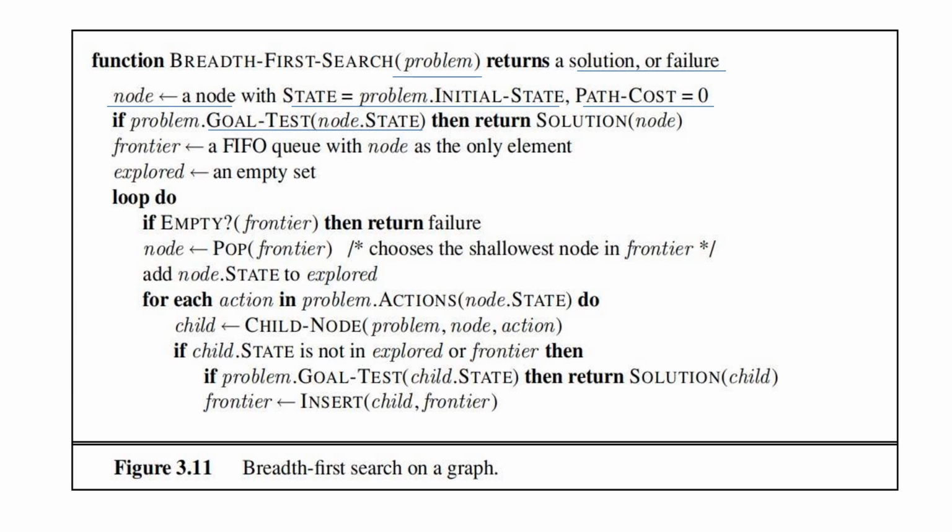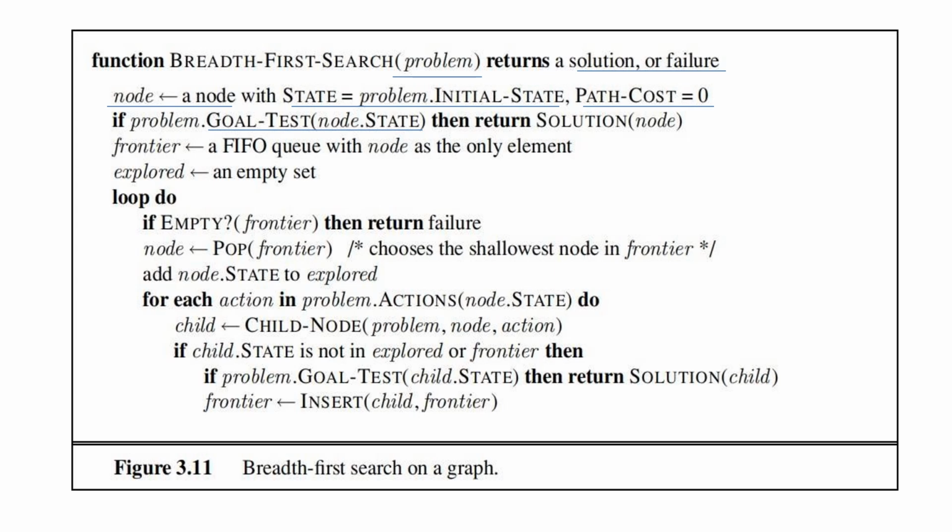So it will actually avoid duplicates, prevent repetitions and improve the efficiency. Then as soon as the goal is found, it will return the solution path. So BFS guarantees the shortest path. BFS finds the optimal path.